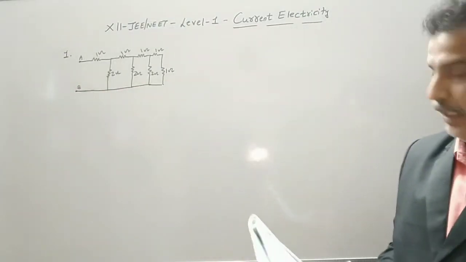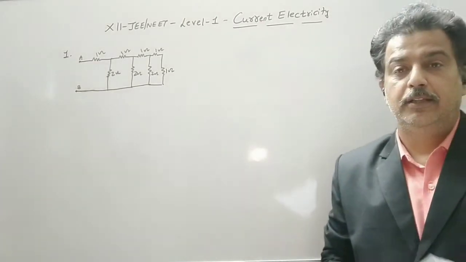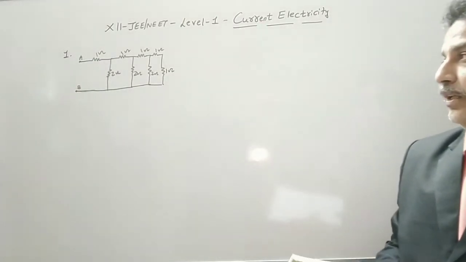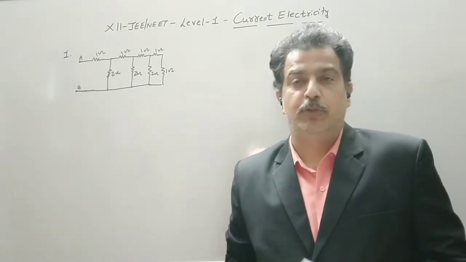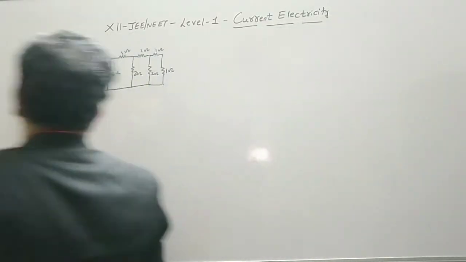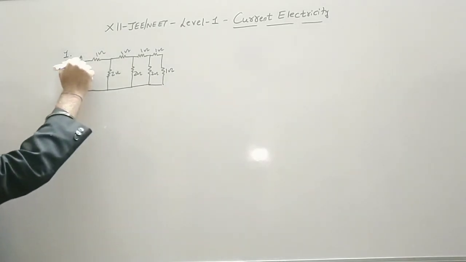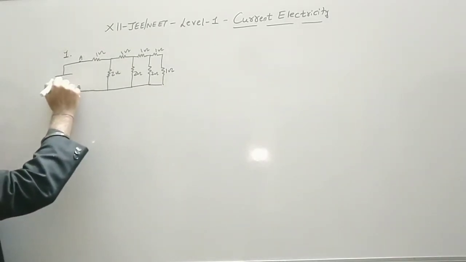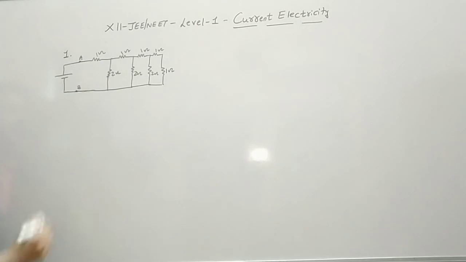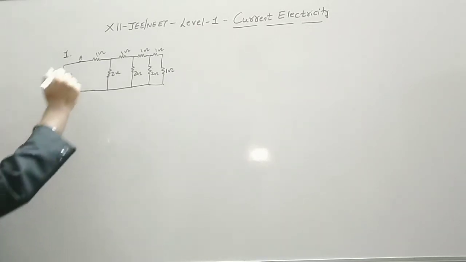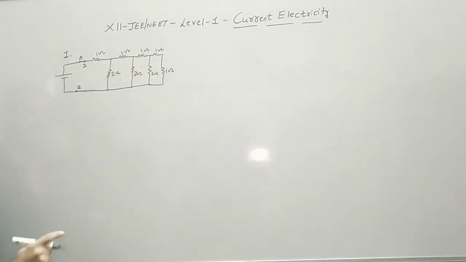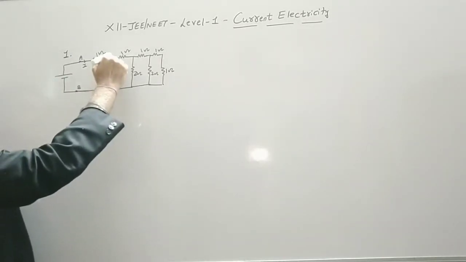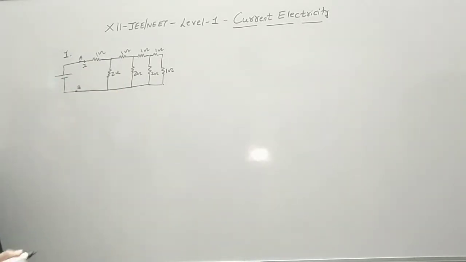Now this MCQ can be done orally also, since we have to find out the equivalent resistance between point A and B. We connect a battery to check the distribution of the current. If the current enters from point A, then this is the first junction where the current will be divided.